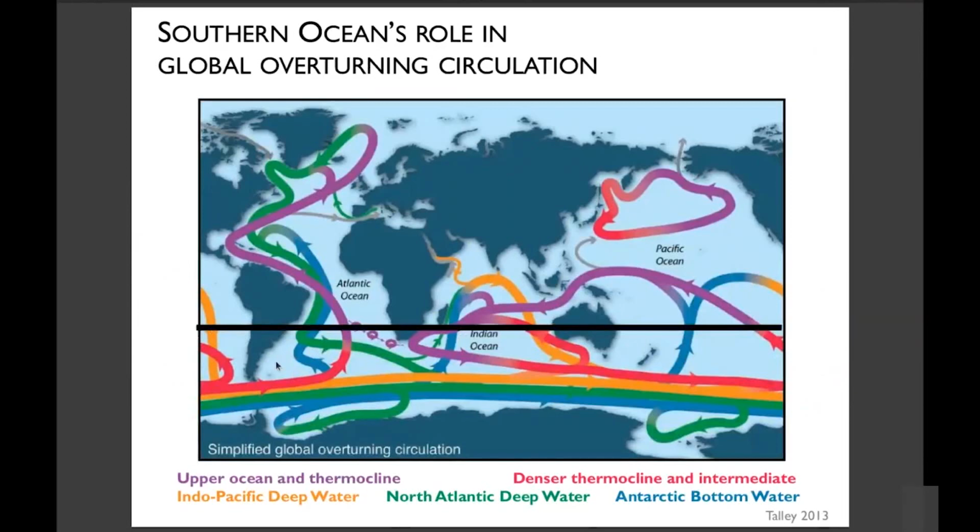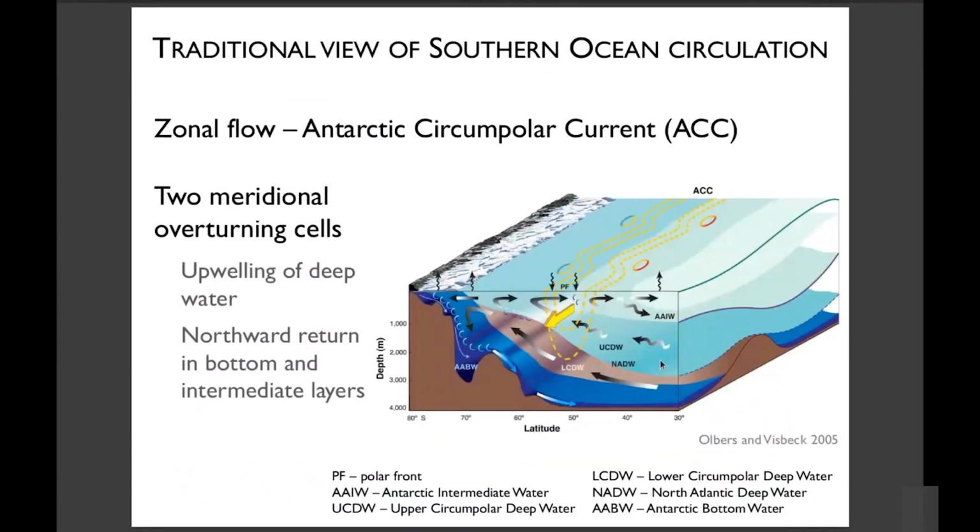You can see that in the Southern Ocean you have all these different water masses shown by these different colored ribbons, coming into and leaving the Southern Ocean. There are a lot of water mass transformations there, and we can look at this in a zonally averaged picture, which is historically how we've thought of it.